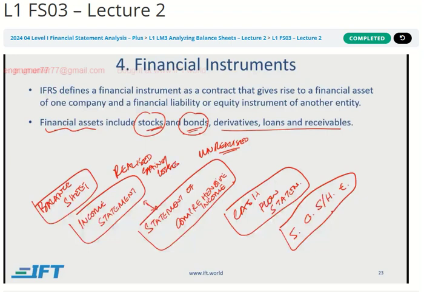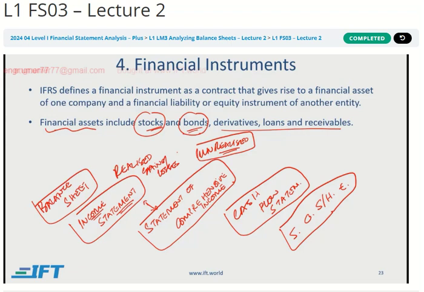And we've already seen how we show the realized gains and losses on your income statement after the gross profit, but the unrealized ones don't get shown on your income statement. They get shown on the statement of comprehensive income.